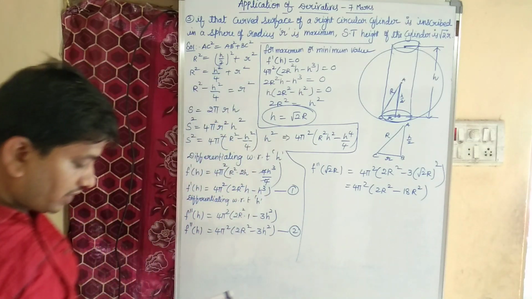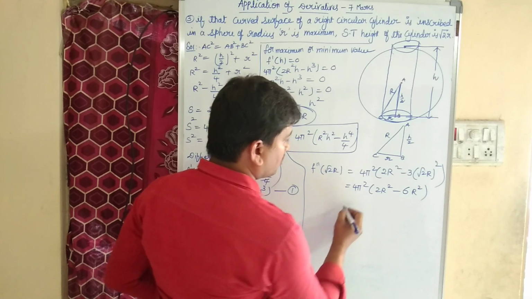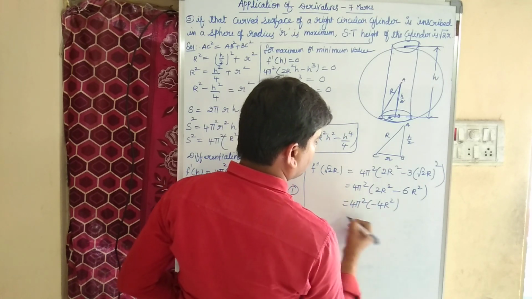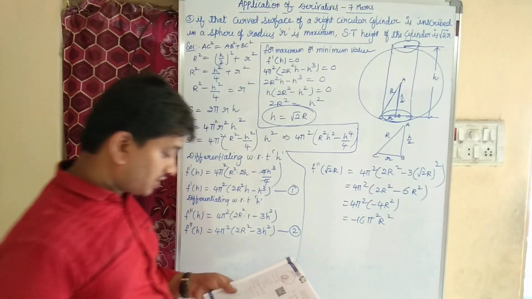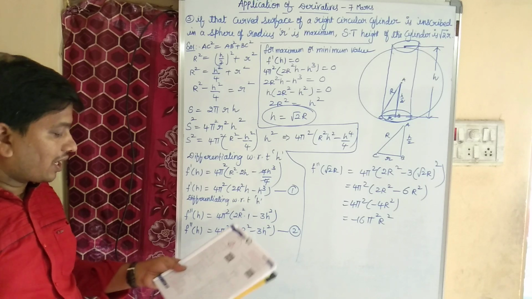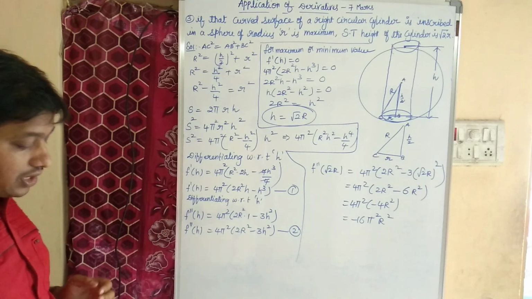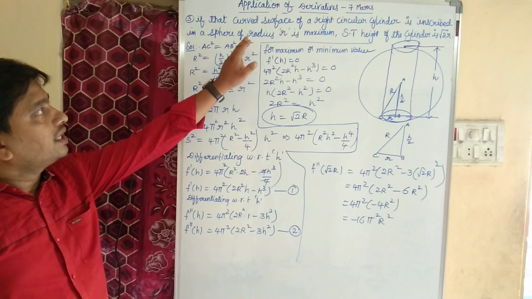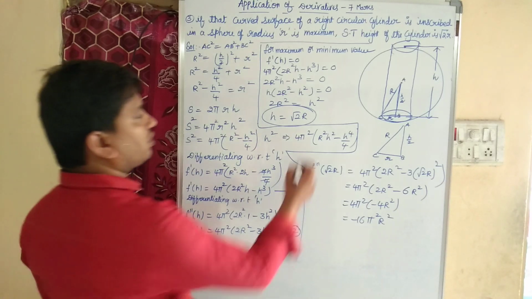Not 3 square, 3 twos 6 r square. So 4 pi square into minus 4r square, minus 16 pi square r square. Or else let me keep it like that only. Therefore surface area is maximum at h equal to root 2r. Okay, till here you can do it, children.